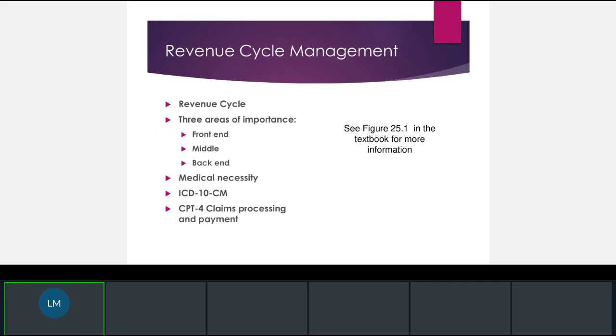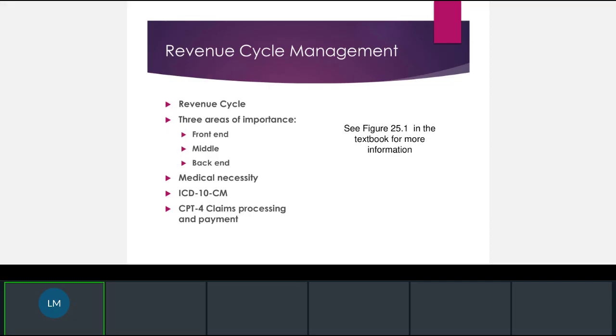So when they talk about the revenue cycle, there's 3 areas that they mention are important. And these are in figure 25.1 in the textbook on page 351. They talk about there's a front end, a middle end, and a back end process. So the front end, they tell you, is the patient access, scheduling, pre-authorization, insurance verification, point of service collection, and financial counseling.